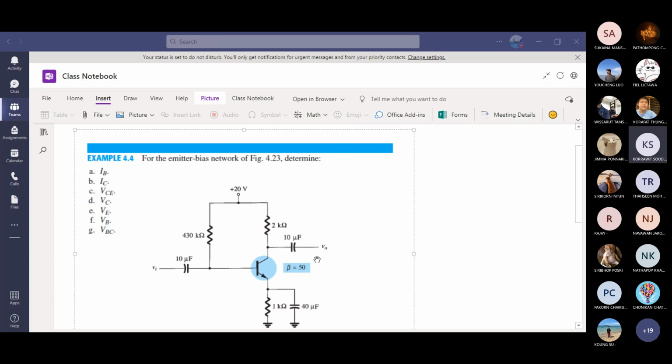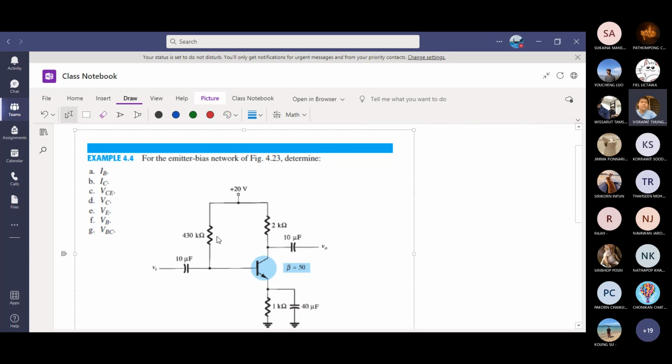Yes, part B. You can also look back to your slide notes. If you need the formula, you can use the formula. Maybe it's hard to memorize. So RB is 430 kilo ohms.